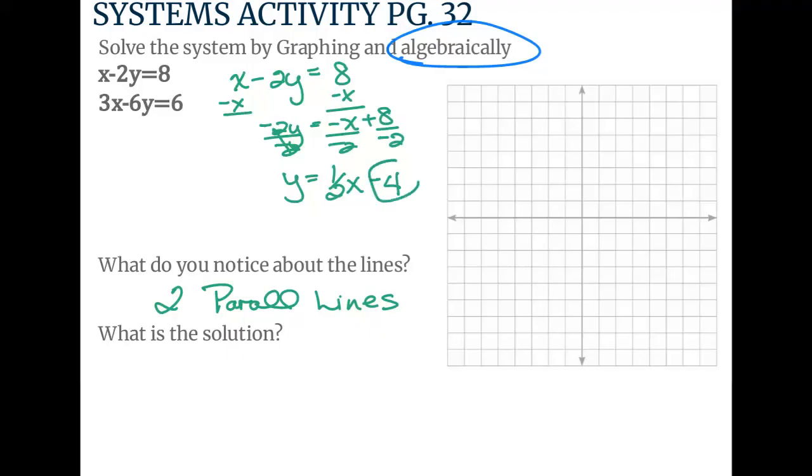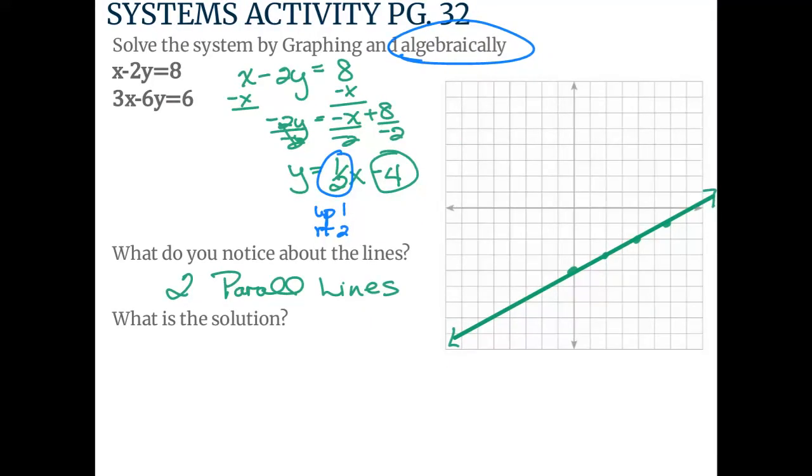So this is my y-intercept, 1, 2, 3, 4, and this is my slope, which means up 1 and to the right 2. Up 1 to the right 2, and if I make a nice line right there, that is the first one.